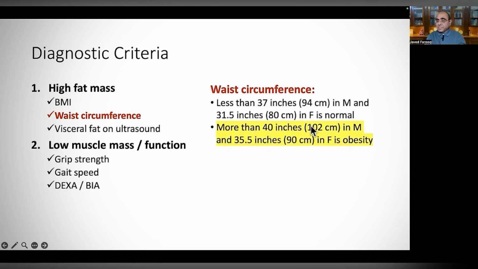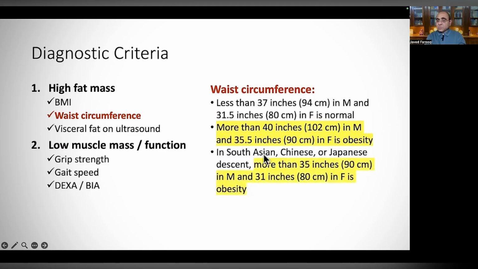More than 40 inches in males and more than 35.5 inches in females is considered obesity. Remember, in South Asian, Chinese and Japanese descent, more than 35 inches in males and more than 31 inches in females is obesity.